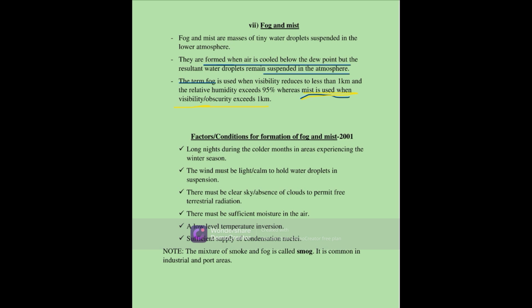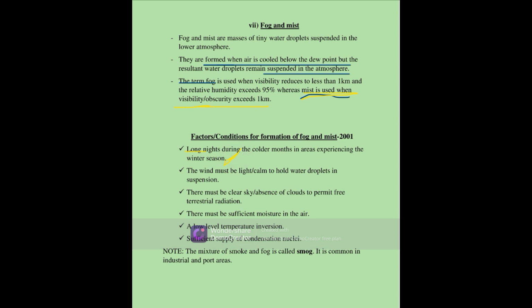Now we want to look at some of the factors or conditions that are ideal for the formation of fog and mist. One is long nights during the colder months in areas experiencing winter season.